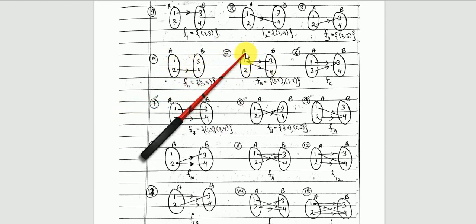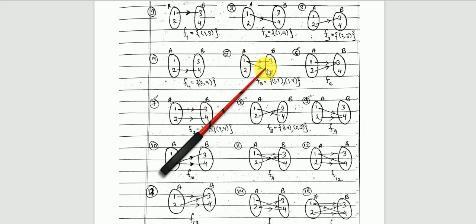Fifth one. You can see that 1 from set A is related to 3 as well as 4. So this violates the definition of function, because the definition says that every element of set A should have a unique element in B by which it is associated.